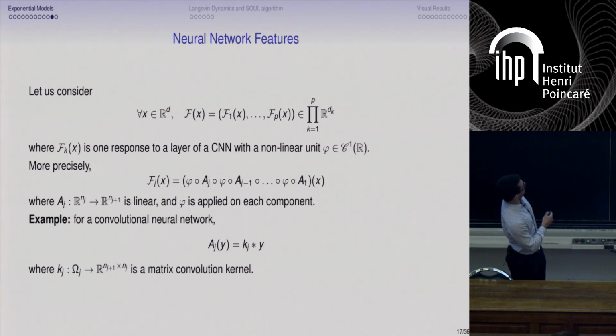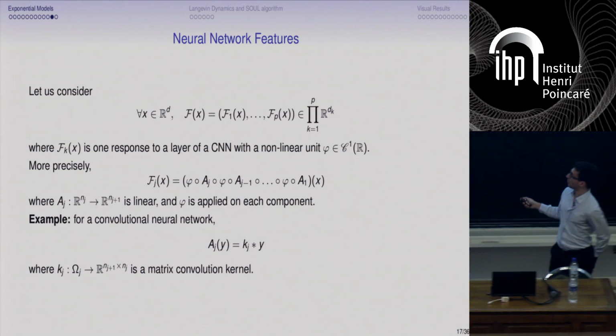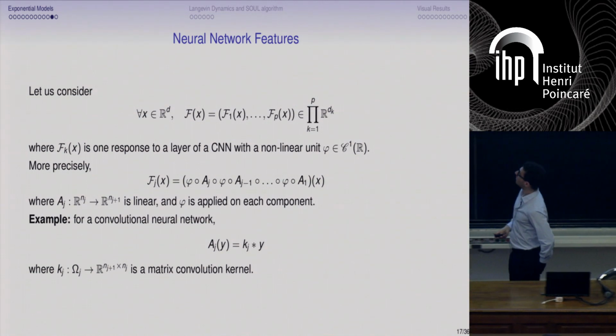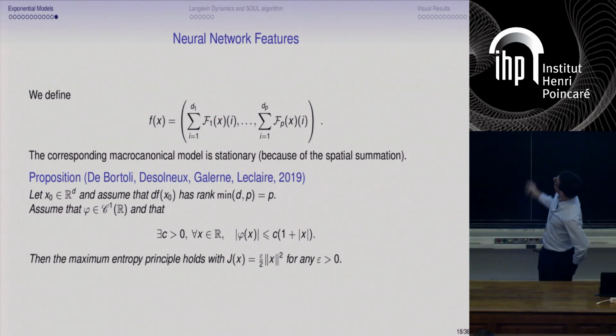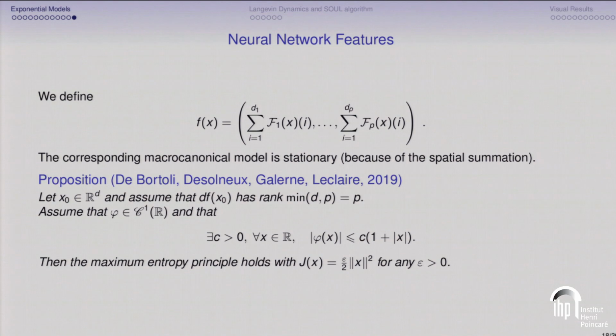Classically, the linear operators are obtained by convolutional kernels, but with matrix convolutional kernels, so the kernel operates on all the layers at once. And now the last step is to average the features spatially, where i is, again, a spatial index.